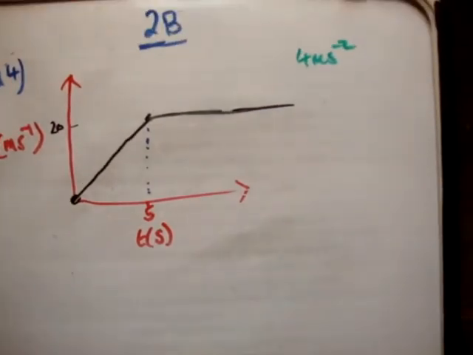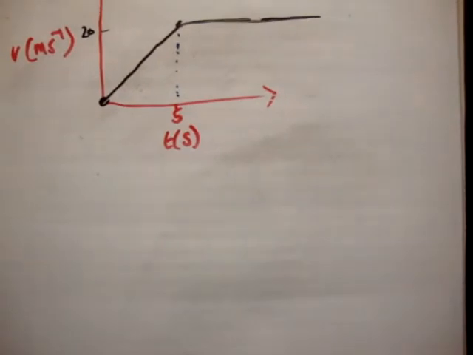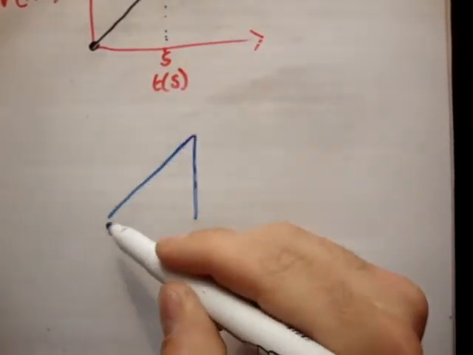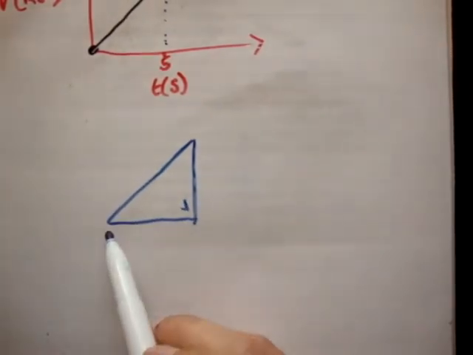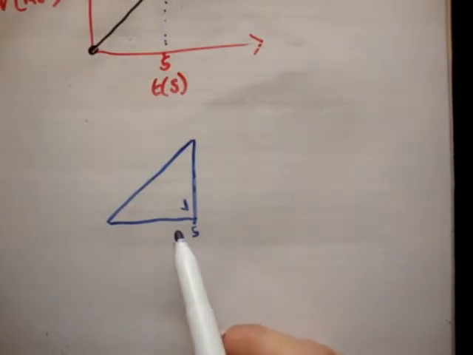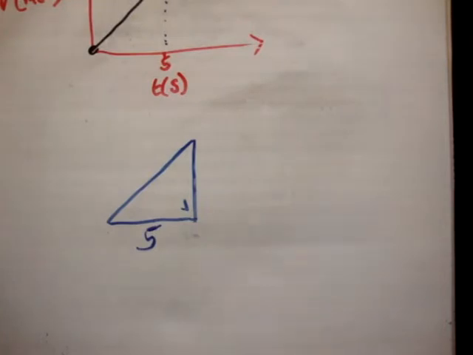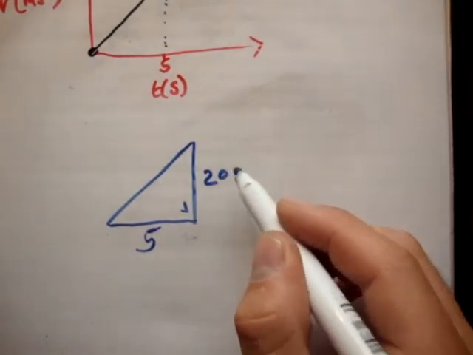Let's look at this triangle here on its own. It is a right angled triangle, and if this is 0 and this is 5, the length of this side is 5. It accelerates to a speed of 20 meters per second, so the length of this side is 20.